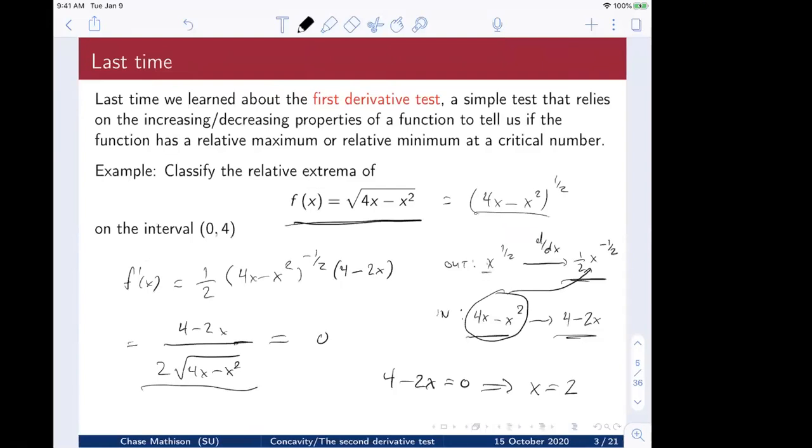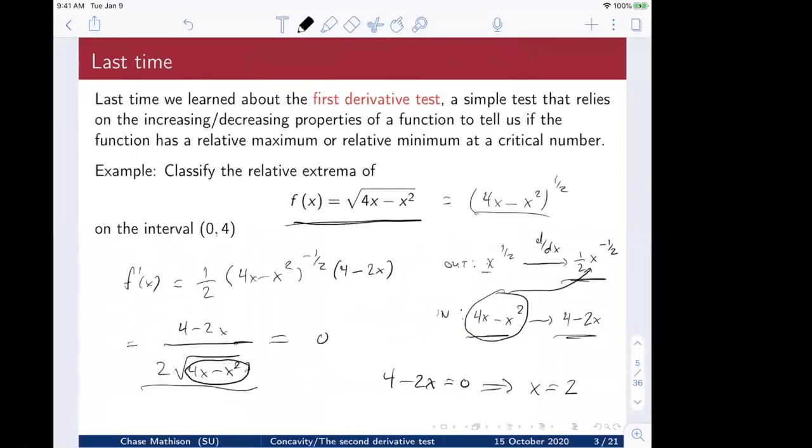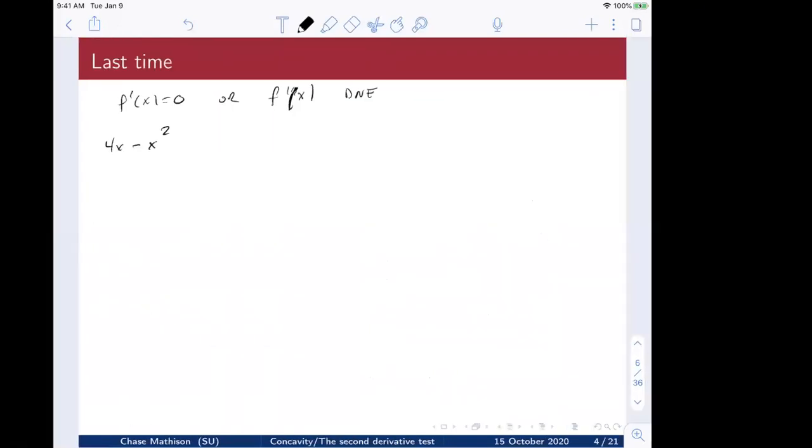So I need to also look at when 4x minus x squared is 0, because the square root of 0 is defined, but 1 over the square root of 0 is not defined. So I need to check for when 4x minus x squared equals 0 to see if there are any other critical numbers that we get here.